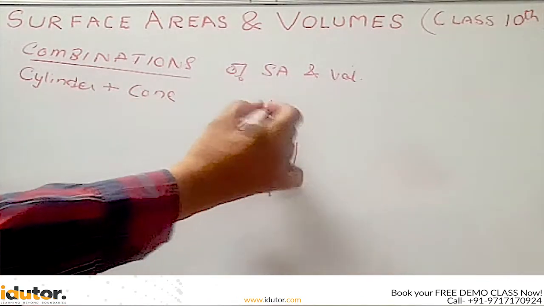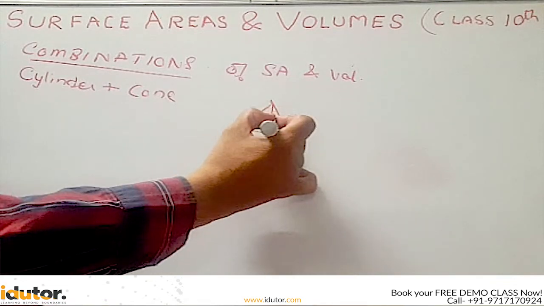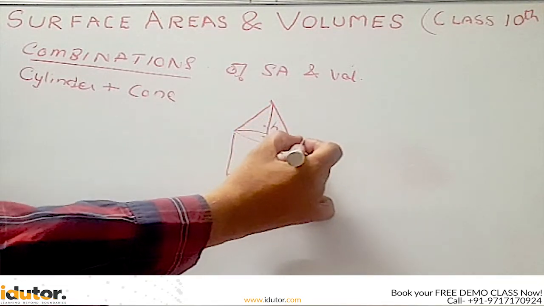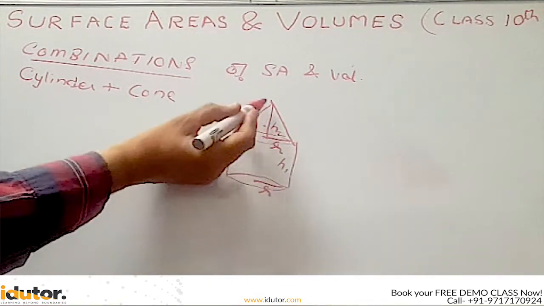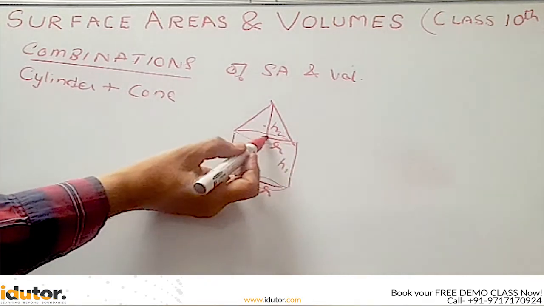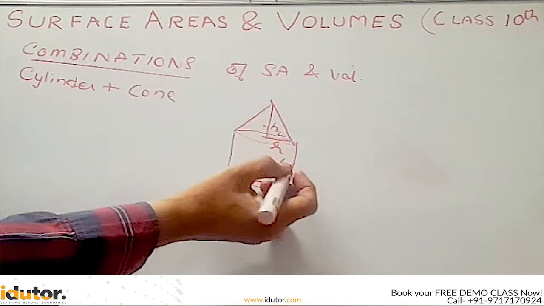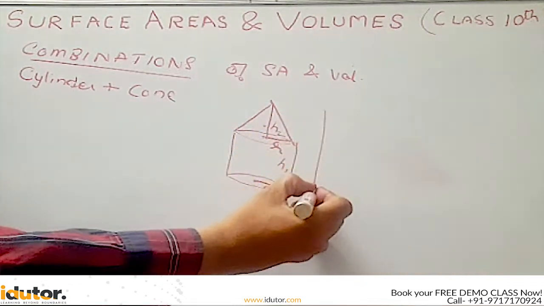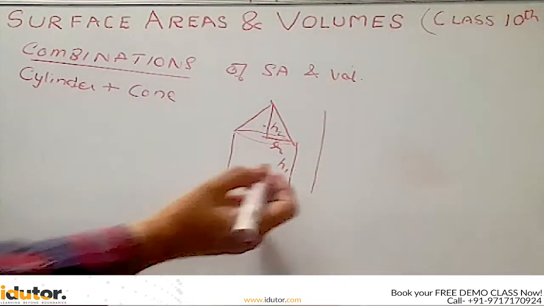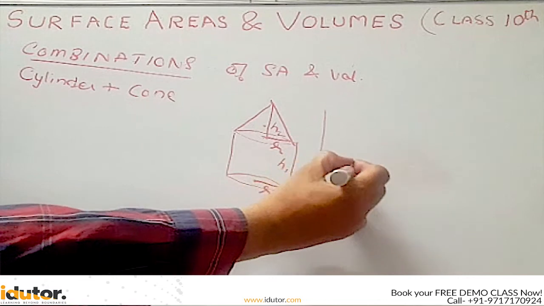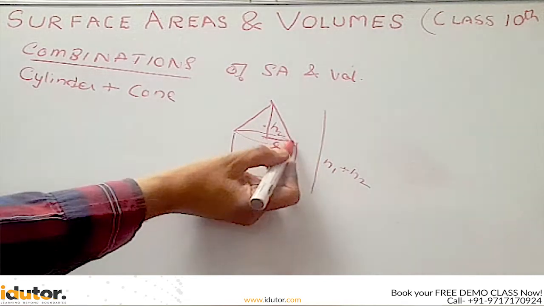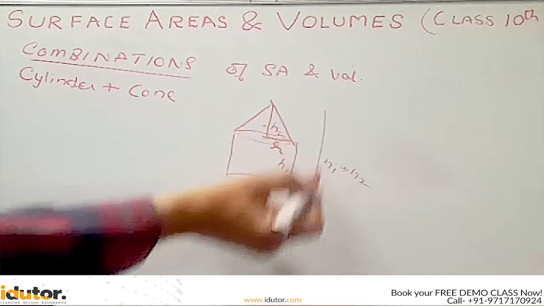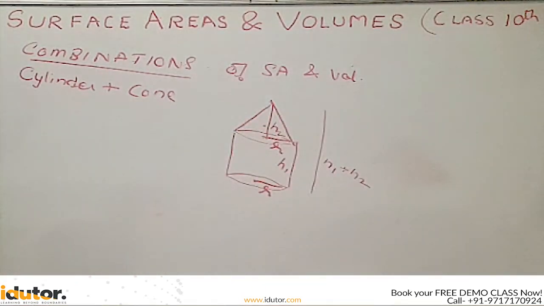Let us say this is h2 and this height is h1. We have two heights, h1 up to here and h2 starting from here to the top. So the total height of the object is h1 plus h2: h1 for the cylinder, h2 for the cone. Together that is the total height if we are asked to find it.